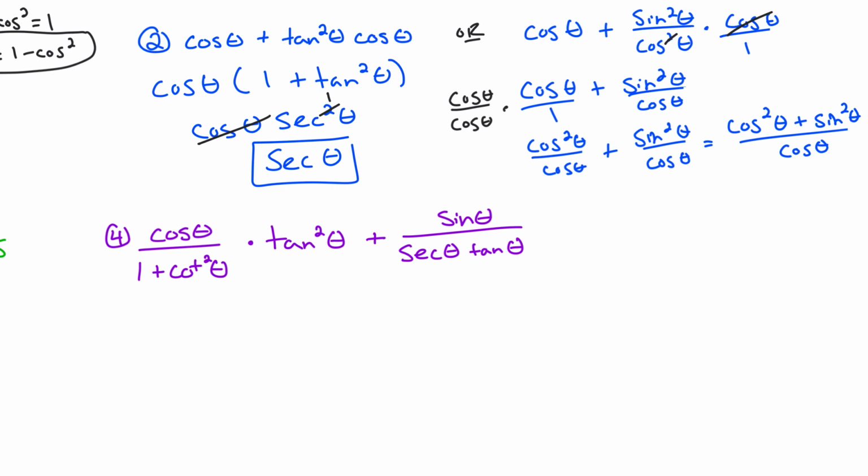That's equal to 1. 1 over cosine, which by the way is equal to secant. I got the same answer. I just did a different tactic. The nice thing about trig identities is do whichever one you think works. They will all lead to the same answer. All right, problem number 3.